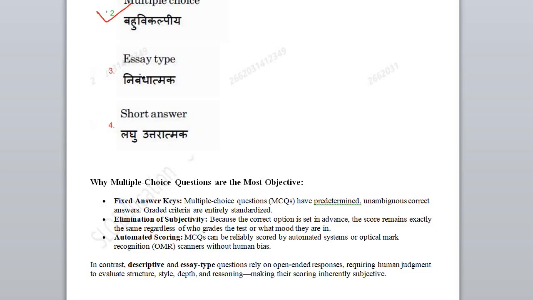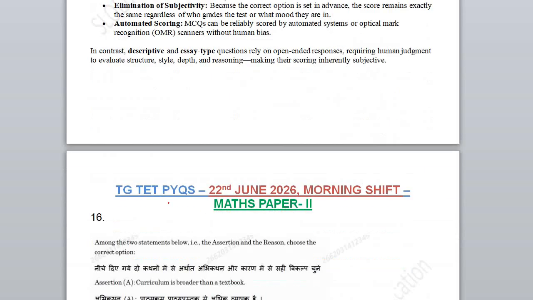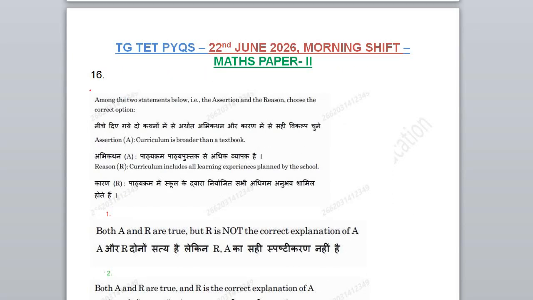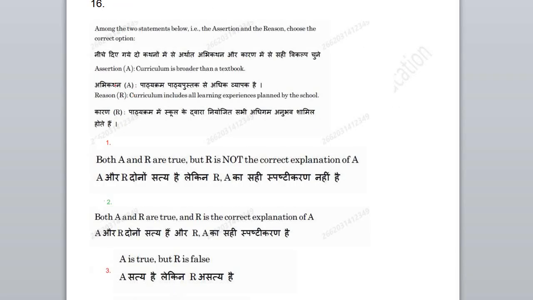क्यों मल्टीपल रहता है यहाँ पे? उसका रीजन दिया गया है, आप देख सकते हैं. क्योंकि एग्जैक्ट विदाउट एनी बायस करेक्शन रहता है, इसलिए मैं बता रहा. 16th क्वेश्चन. सो here among the two statements below, that is the assertion and the reason, choose the correct option. Assertion और reason दे रहे हैं.